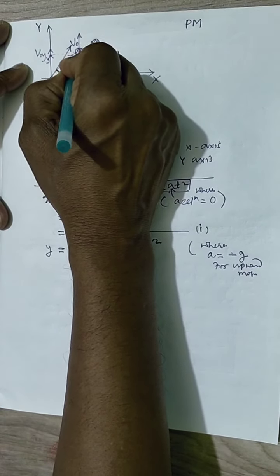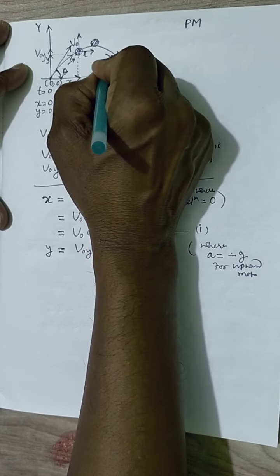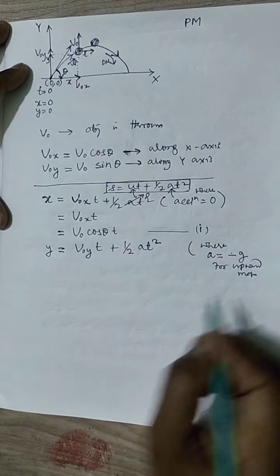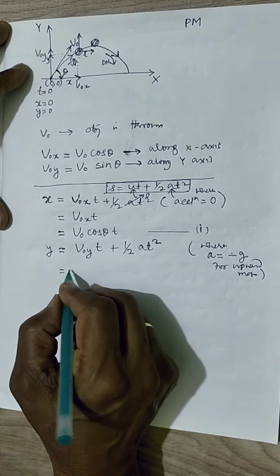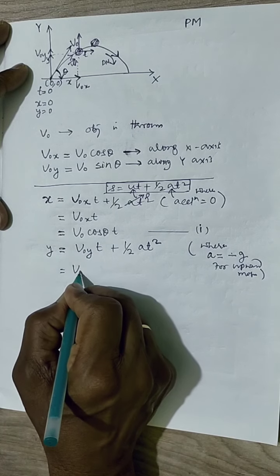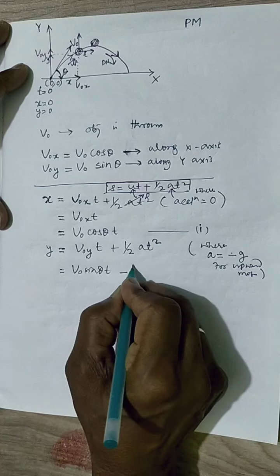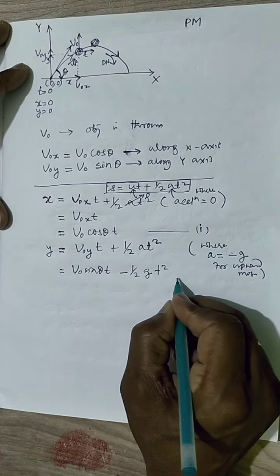It is in upward motion, and from there it will have downward motion. Now this y becomes v0 sine theta t minus half g t square.